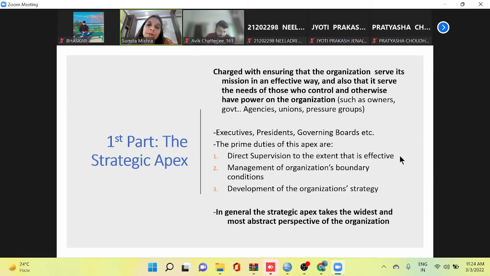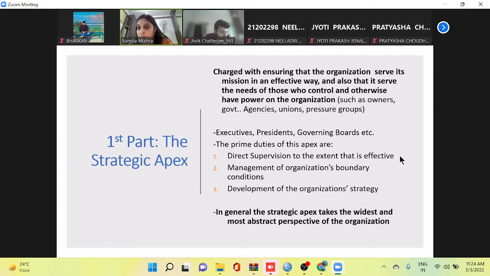Now, if you remember in the previous class, I had spoken that every organization is divided into 5 different parts. They are the apex, the operating core, the middle line, the technostructure, and the support. So today our work is to understand what these parts mean.